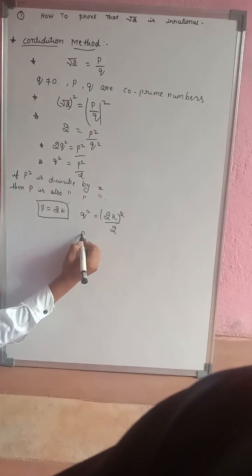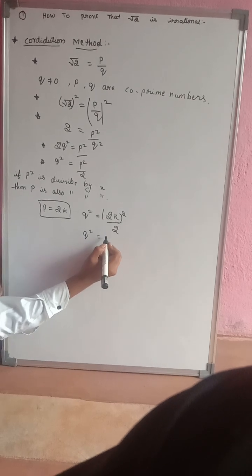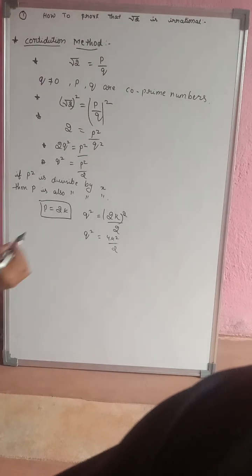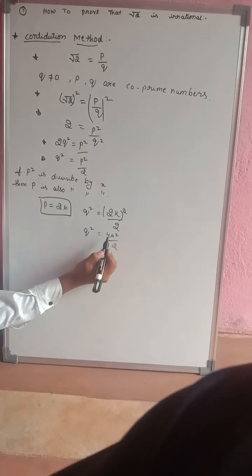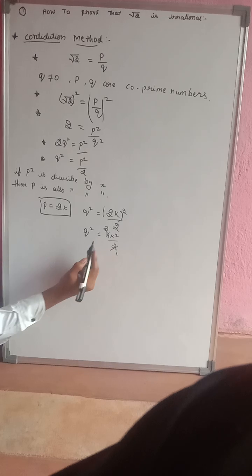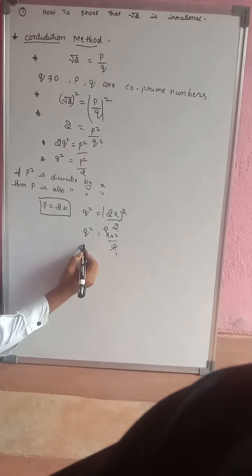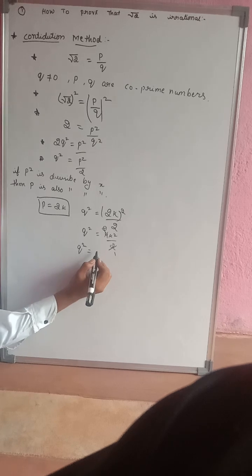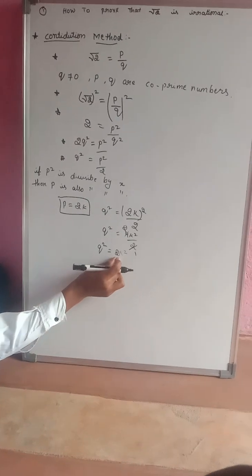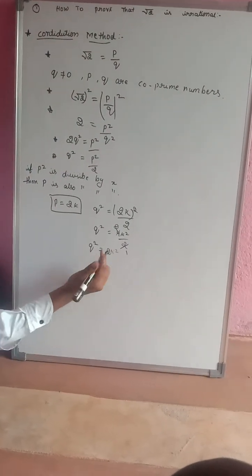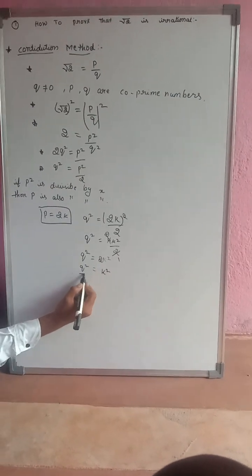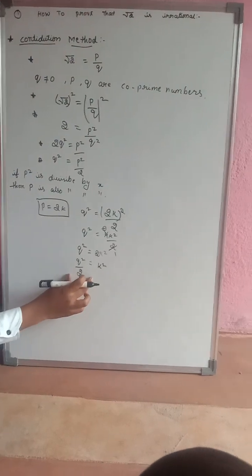If we simplify it, we get q square is equal to 4k square by 2. Now the 2 and 4 cancel: 2 ones are 2, 2 twos are 4. So q square is equal to 2k square. Now if I take this 2 to the left side, I get k square is equal to q square divided by 2.